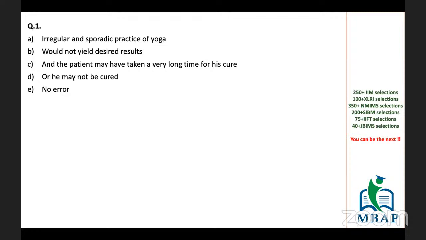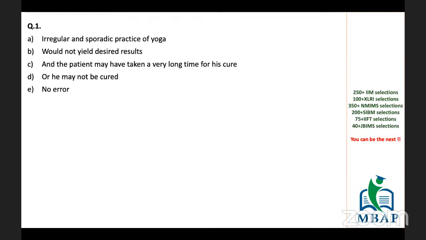Okay, so this question is given to you and we need to identify which one is the wrong sentence, whether it is A, B, C or D. Now, starting with A: irregular and sporadic practice of yoga would not yield desired results, and the patient may have taken a very long time for his cure, or he may not be cured.